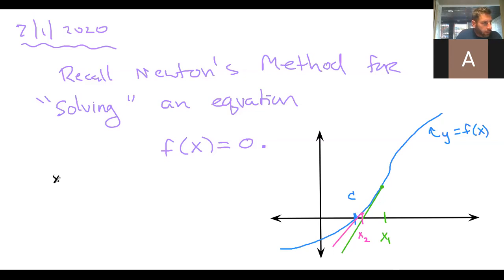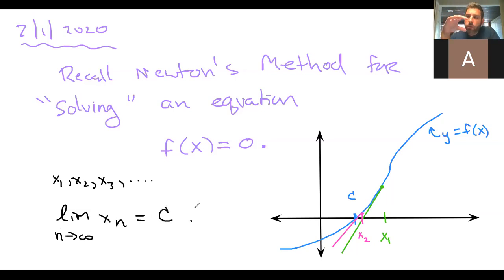We're finding x1, x2, x3, etc., with the idea that the limit as n goes to infinity of this sequence equals C.